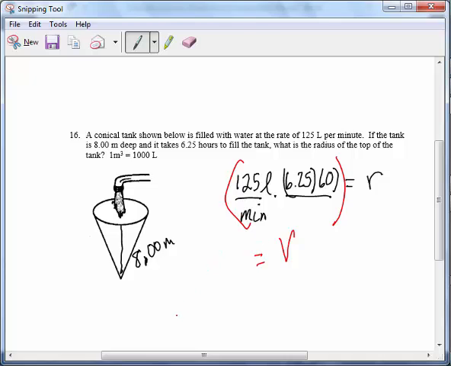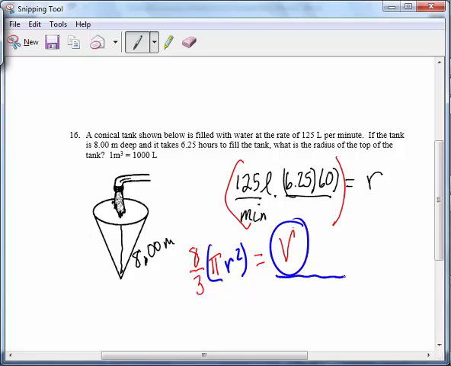And the volume of a cone is the height over 3 times pi r squared. Since we want the radius all alone, we're going to take that volume divided by 8/3 pi.